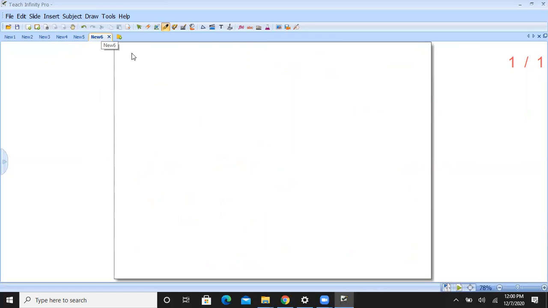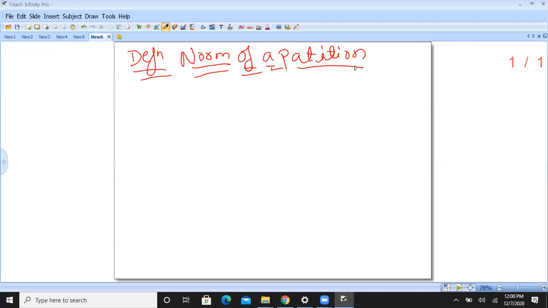Define the norm of a partition. Next we will go with the definition of the norm of a partition.